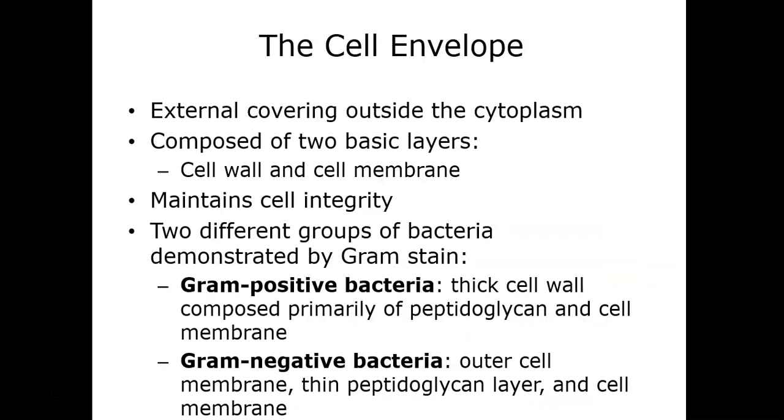And the cell envelope is the series of membranes that form the protective barrier to the outside of the cell. And really, what it does is it surrounds the cytoplasm, that gelatinous material in the middle of the cell. And it's composed of two basic layers. We have the cell wall and the cell membrane. And as we mentioned earlier, it's all about keeping the integrity and preventing the cell from being destroyed. We call that lysis. We don't want the cell to break open or lyse.